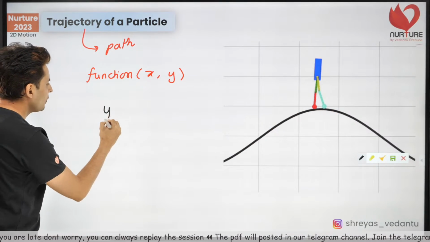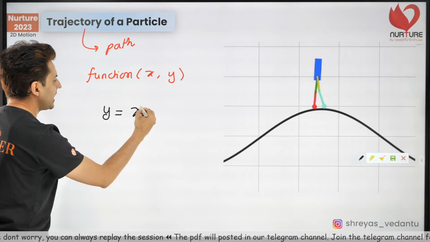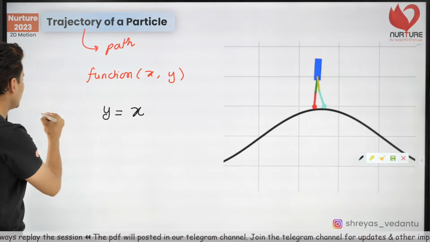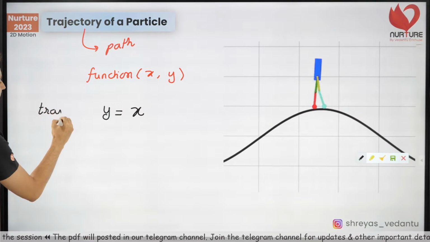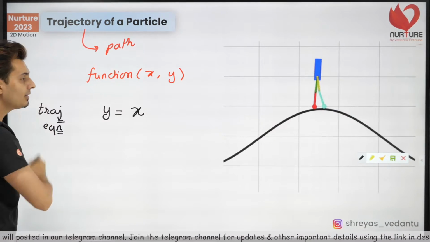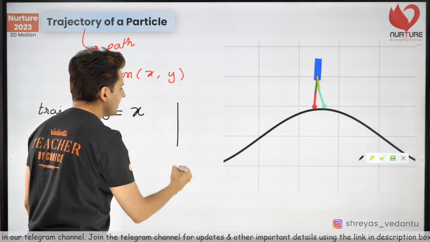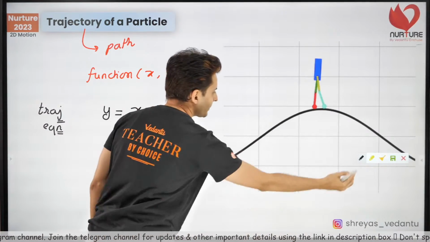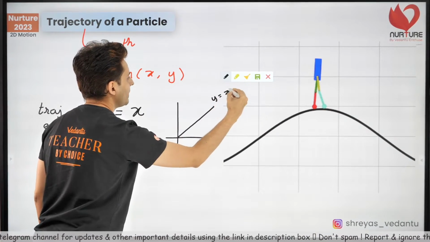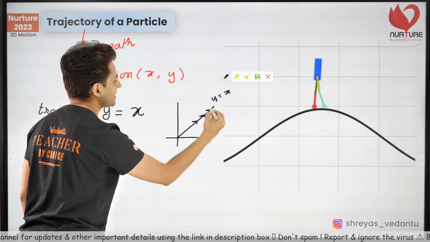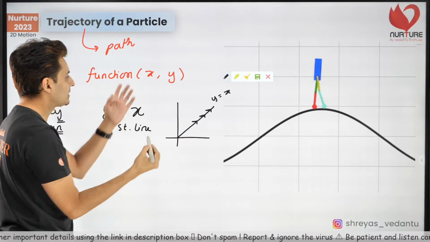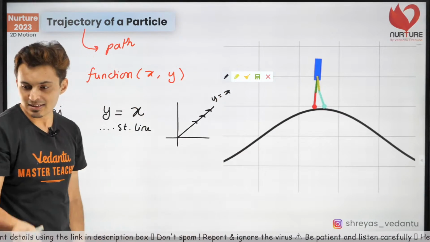If I tell you y is equal to x is the trajectory equation of the particle, what does it mean? It means if I draw the x and y axis, my particle is going along this line. So my particle is moving in a straight line.